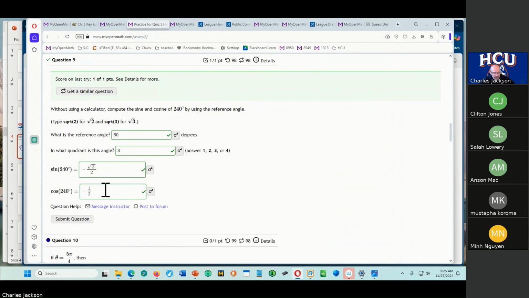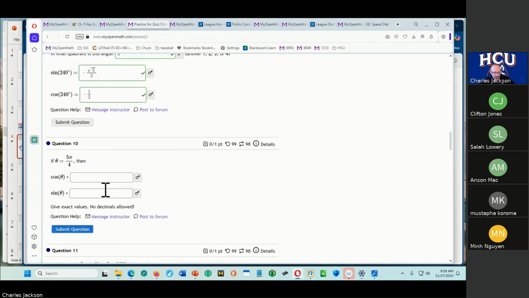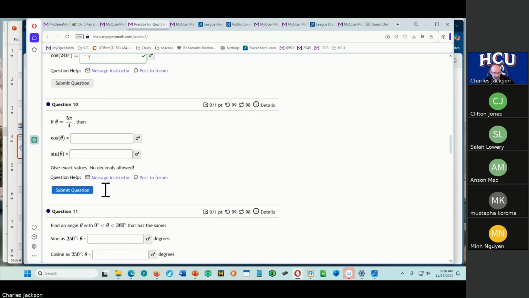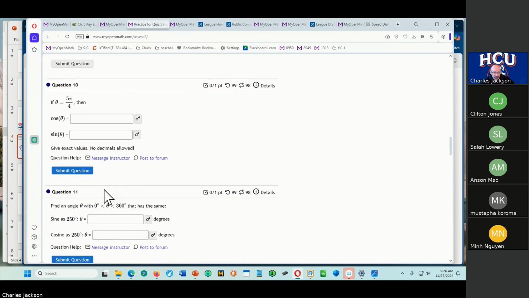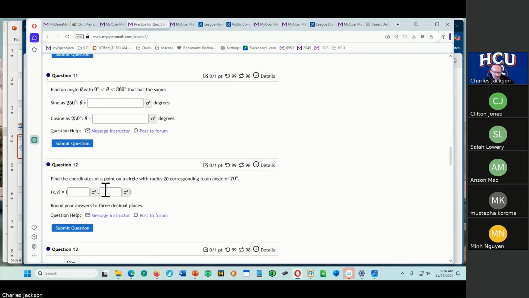And now, if theta equals 5 pi over 4, both negative square root of 2 over 2.